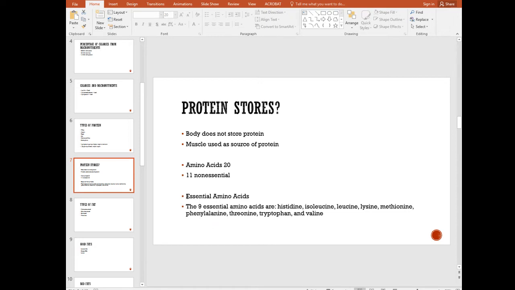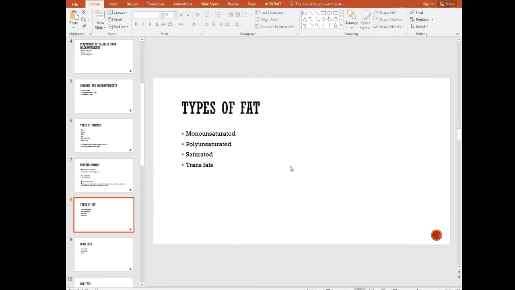And not all plant sources have all the essential amino acids. But you can get them through combinations of different grains and nuts and beans. But it's a lot of work. So meat sources have all the essential amino acids.